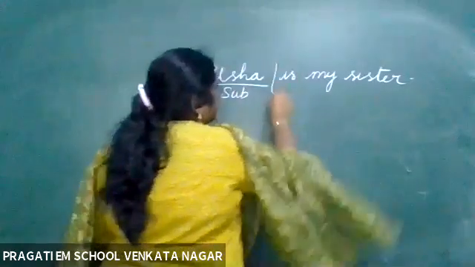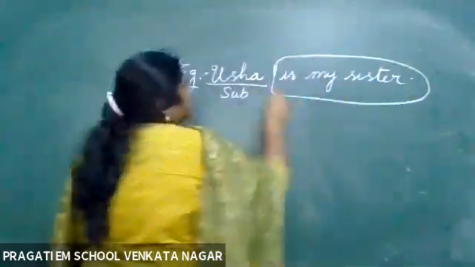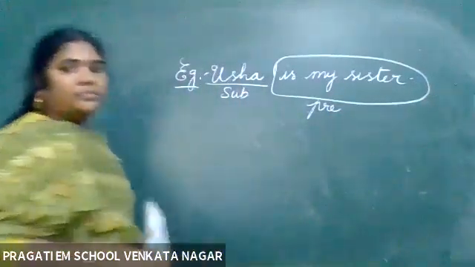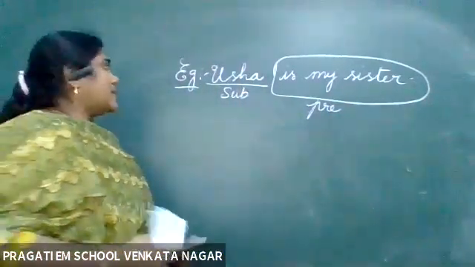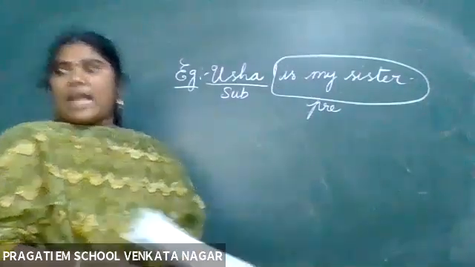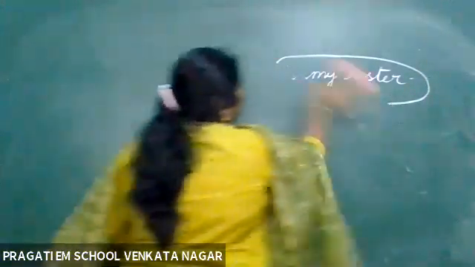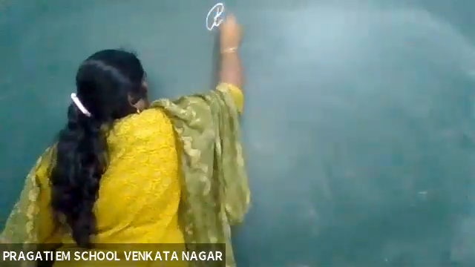And the remaining part is left over. This part is called predicate. So this is about yesterday's class, what we discussed in the previous class. Now coming to today's topic, we want to learn about parts of speech.